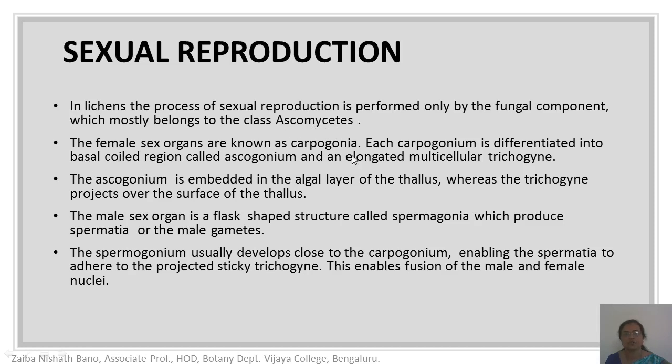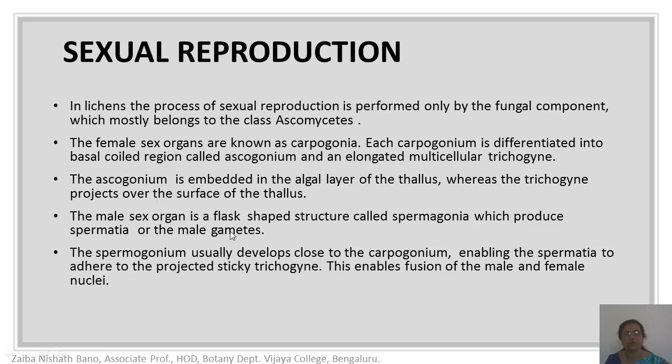The female sex organ is known as the carpogonium. Now this carpogonium is differentiated into a basal coiled region called ascogonium and an elongated multicellular trichogyne. The basal ascogonium is embedded in the algal layer of the thallus, whereas the trichogyne projects over the surface of the thallus.